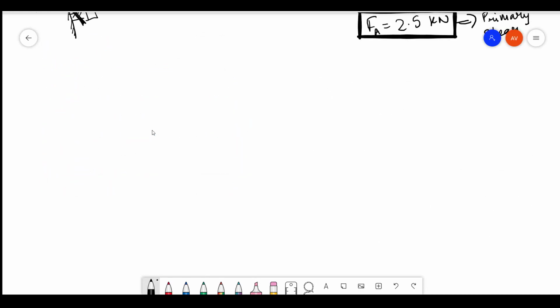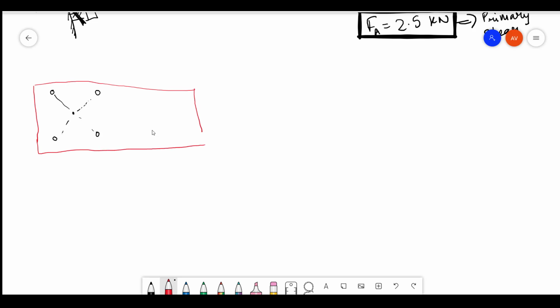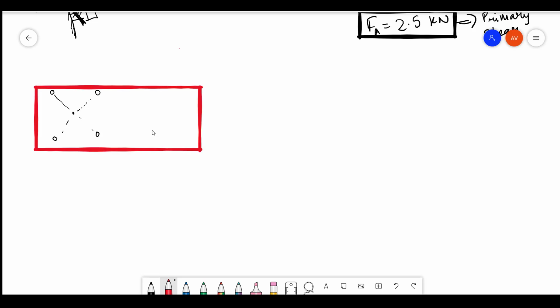Let's take again four points. This is the center point. Now in this structure, let me simplify it. You are having a load like this.